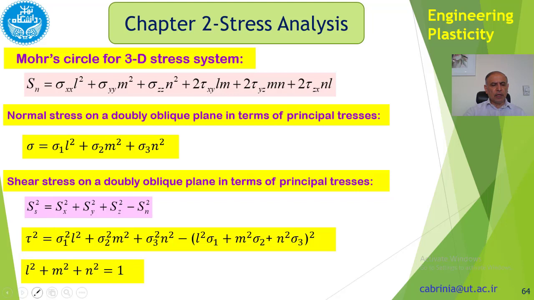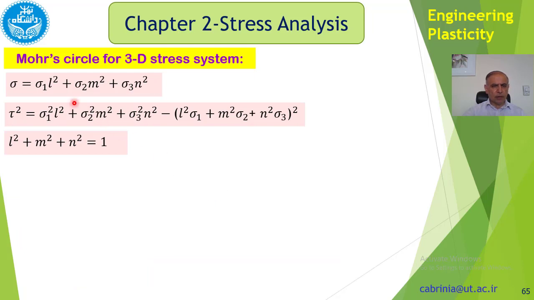From these 3 equations, we can solve for L, M, N, and then we can draw the Mohr circle. As I said, if I put sigma here and there, I get sigma squared, transfer it over there, and we get sigma squared plus tau squared equal to that, and we could get L squared, M squared, N squared, and put it there.